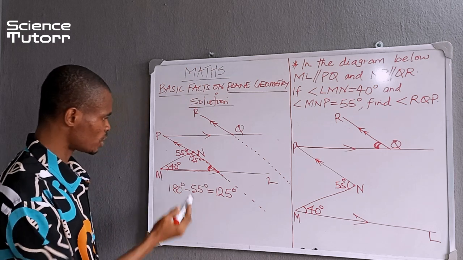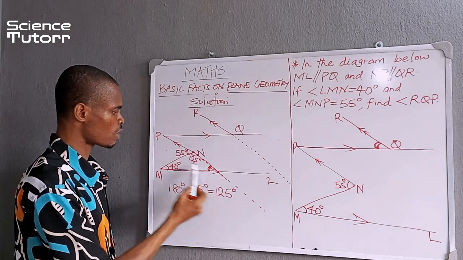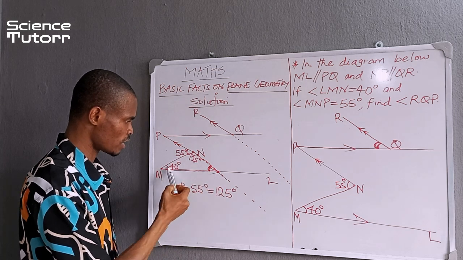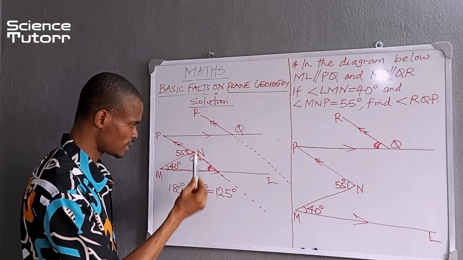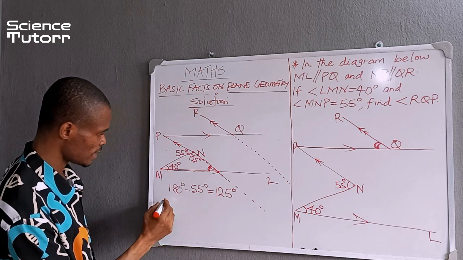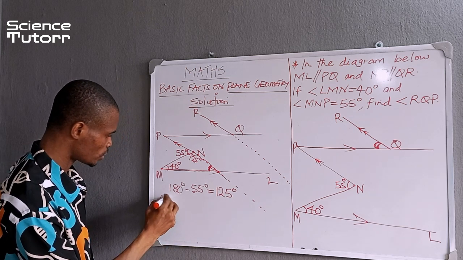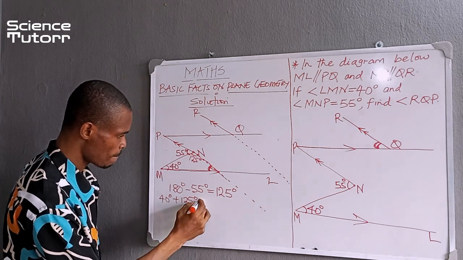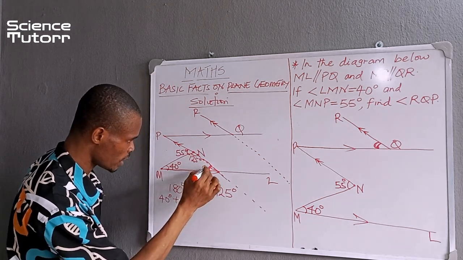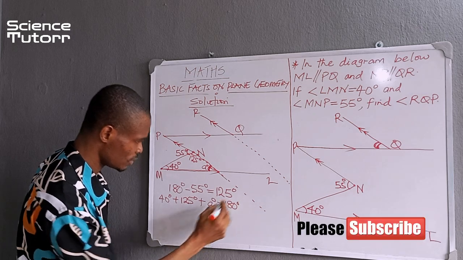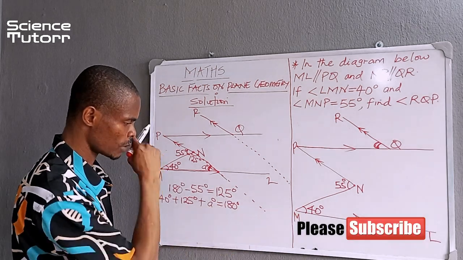The theorem applicable in this case, we have sum of angles in a triangle is equal to 180 because this is a triangle. So this plus this plus this will give us 180. So what it simply means is I have 40 degrees plus 125 degrees plus, let's call the angle A, will give us 180 degrees.